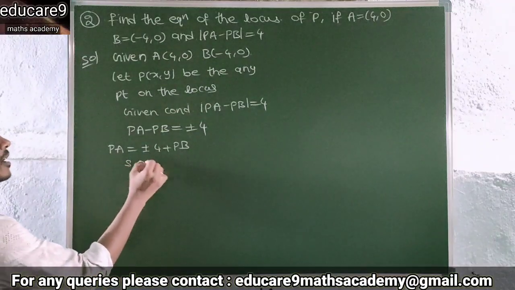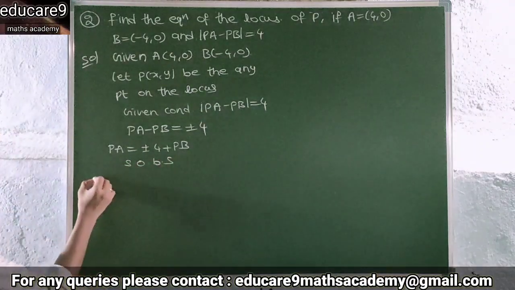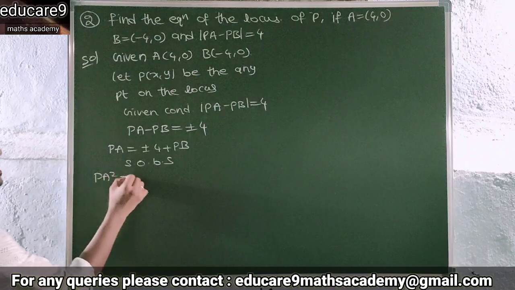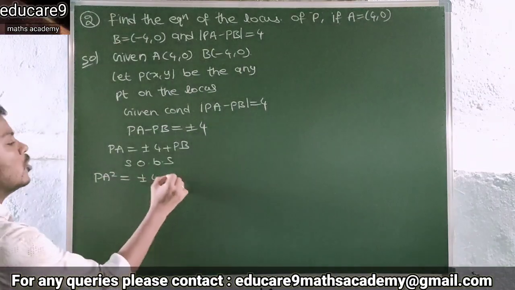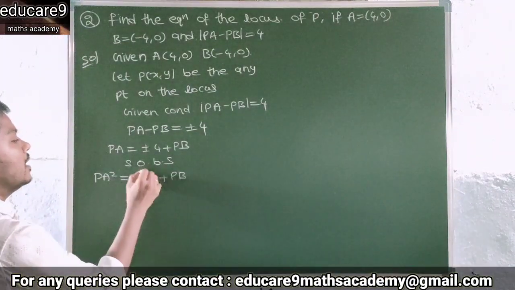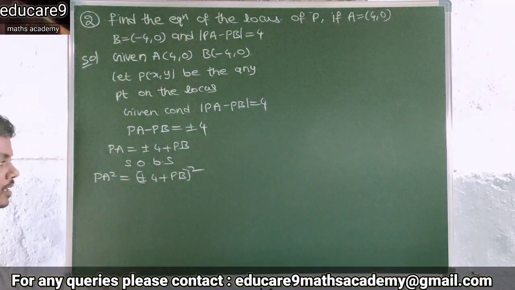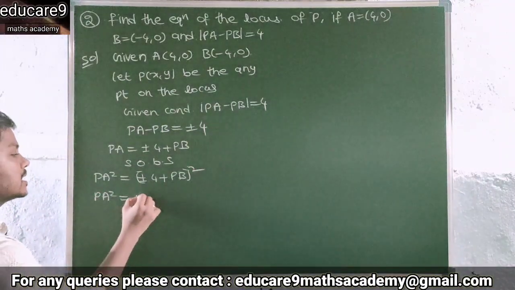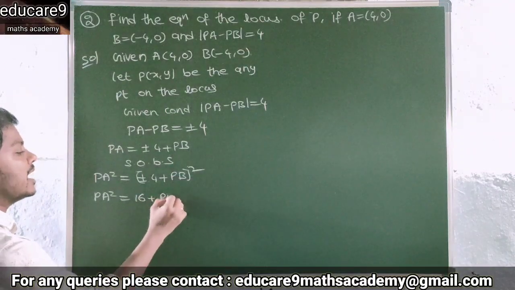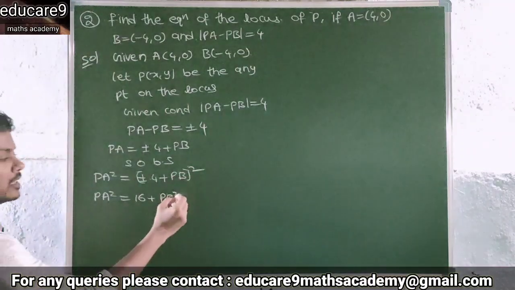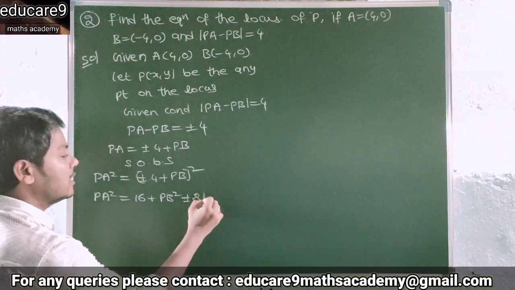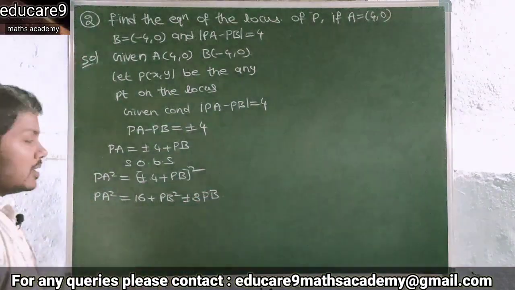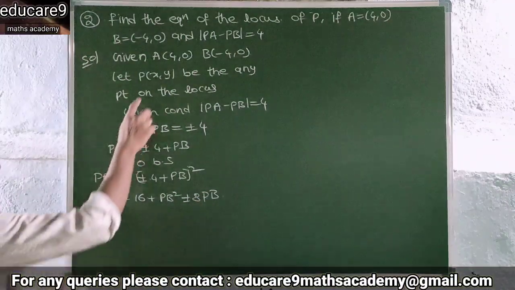Now squaring on both sides, PA² = (±4 + PB)². Now this is PA² = 16 + PB² ± 8PB. Here PA denotes the distance between P and A.